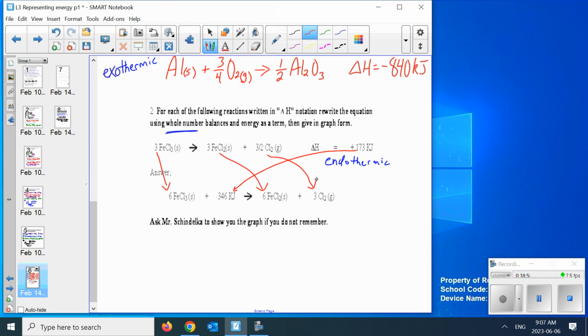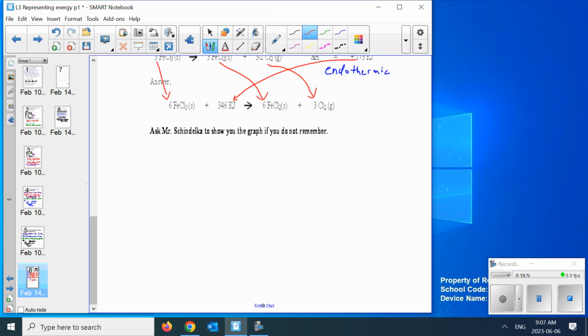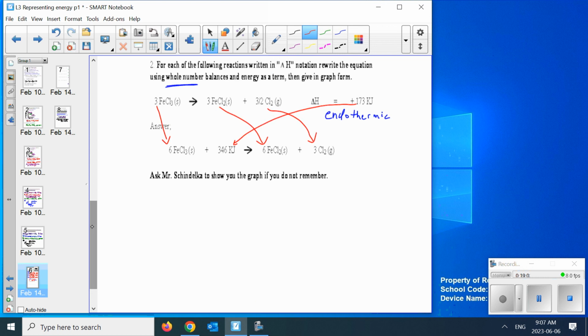Now, as far as a graph, endothermic means from left to right, does it increase or decrease in energy? Look at the delta H, it tells you it's a plus. So when I do a graph, put E, enthalpy, increase, reaction time. Where it starts is with FeCl3.